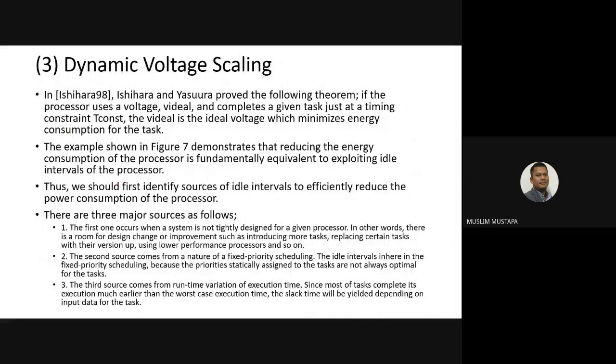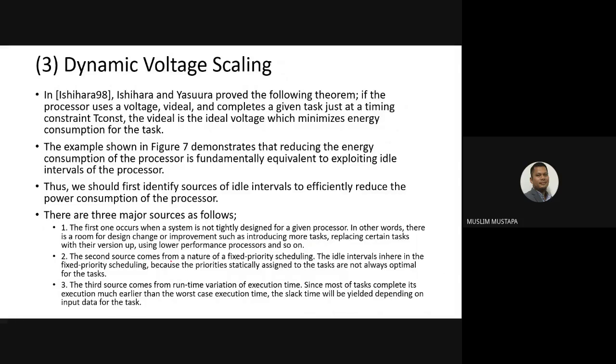Okay, so there are three major sources as follows. The first one occurs when a system is not tightly designed for a given processor. In other words, there's room for design change or improvements, such as introducing more tasks, replacing certain tasks with their version-up using a lower performance processor, and so on. So these are another thing when we talk about how we can reduce the power consumption.